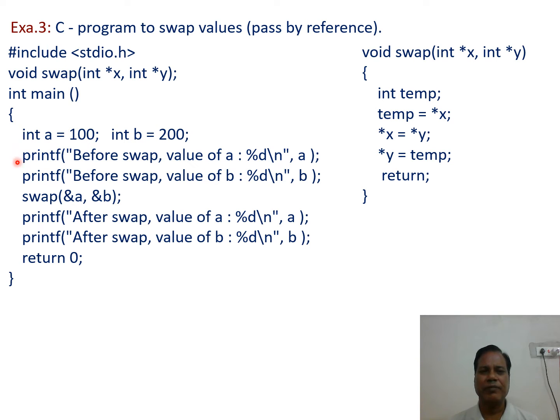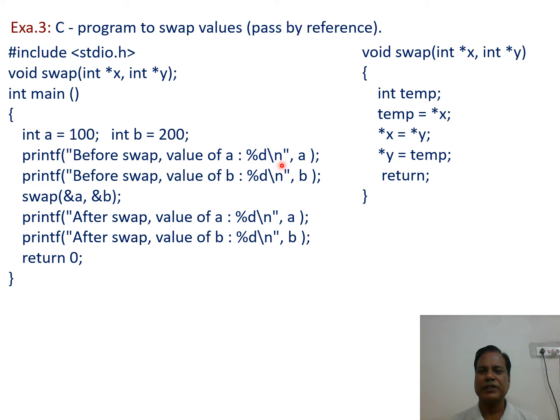The next statement is the printf statement. Using the printf statement, "Before swap, values of a:", and what is the value of a is printed here. %d, and the compiler searches for the variable a, so the value of a, that is 100, is printed.